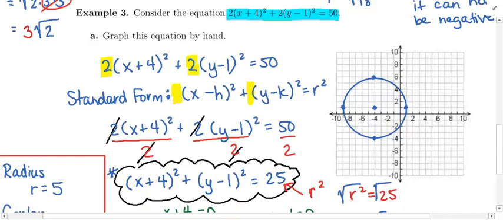So there it is. After the last video, I went and kind of perfected the circle. Remember when I graphed this circle by hand, which is all I expect you to do, by plotting the center and then going up so many units, the number of units equal to the radius, and then going down that many units and then to the left and to the right, and just drawing your circle free-handed through those 4 points.